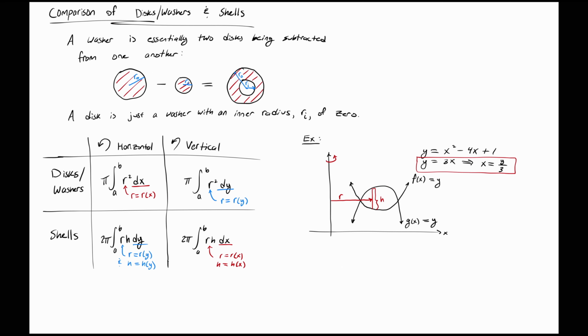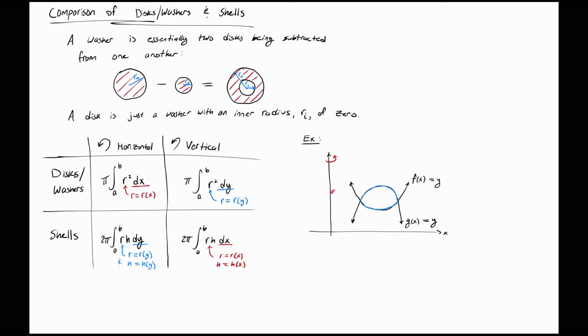That being said, if we consider the disk and washer method, for instance, it would be a washer because our region of integration, our area that we're rotating about the axis, is this area here. So there's this gap between where our area is and where our axis of rotation is.